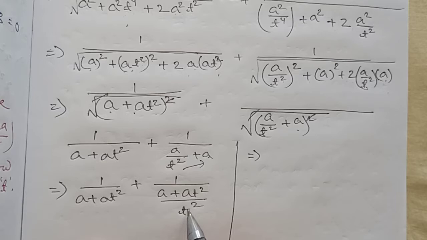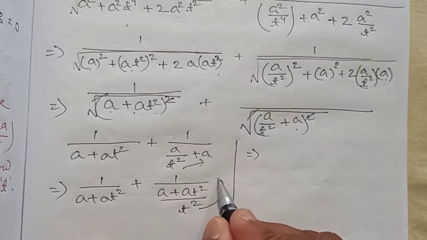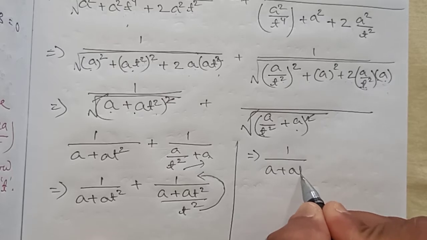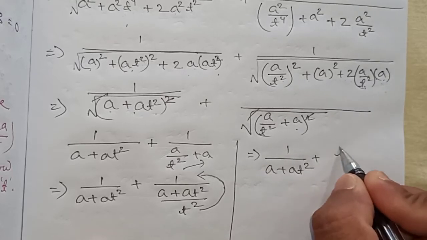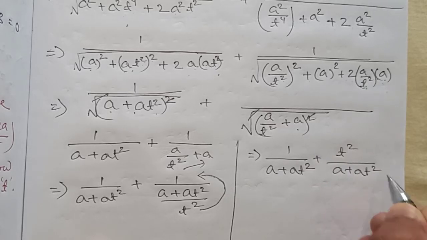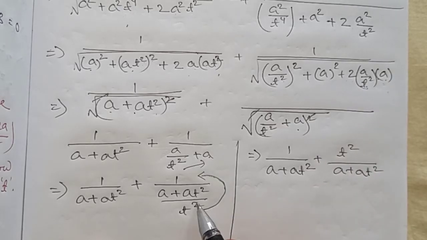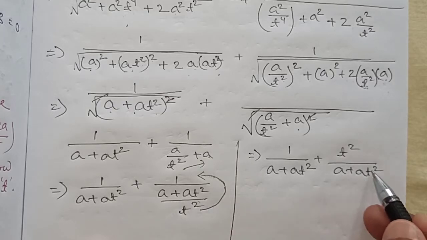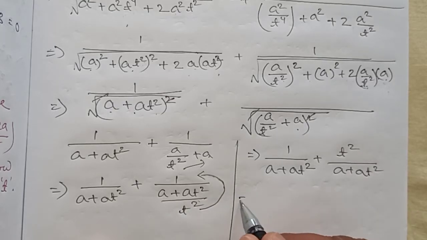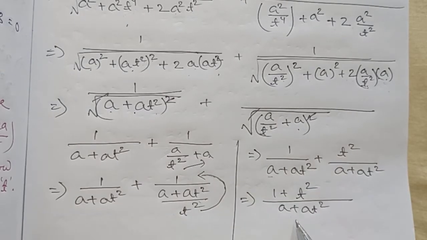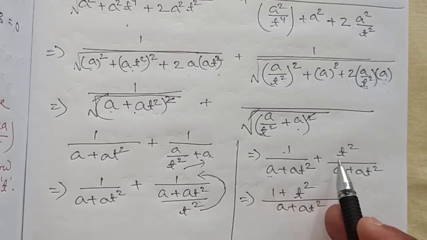Arrange this, this term will go to the numerator, so we will get 1 by (a plus at square) plus t square by (a plus at square). Okay, as this term has gone to the numerator, so (a plus at square) will be left in the denominator. Now the LCM will be (a plus at square), and we will write these two terms together.